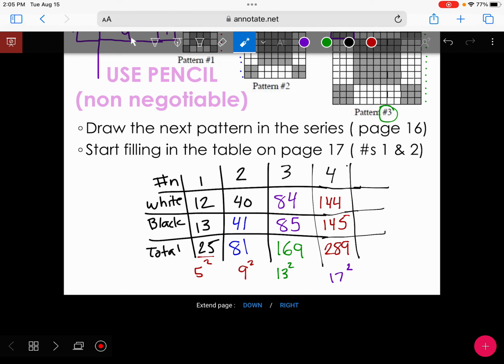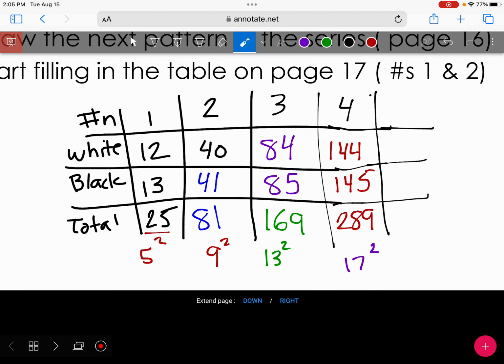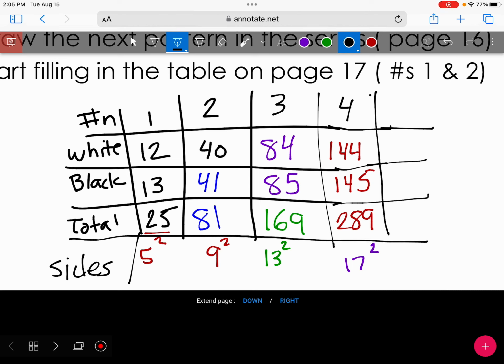Can we figure out what's changing between pattern 1, pattern 2, pattern 3, and pattern 4? What's our pattern here? What's it increasing by? This is our side. Anyone see the pattern?